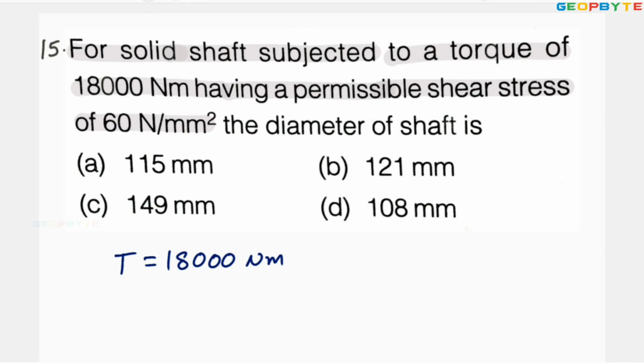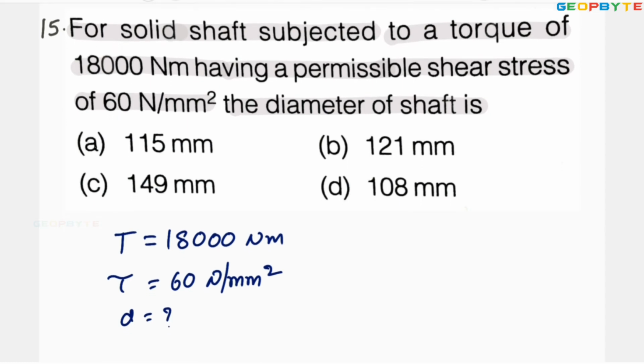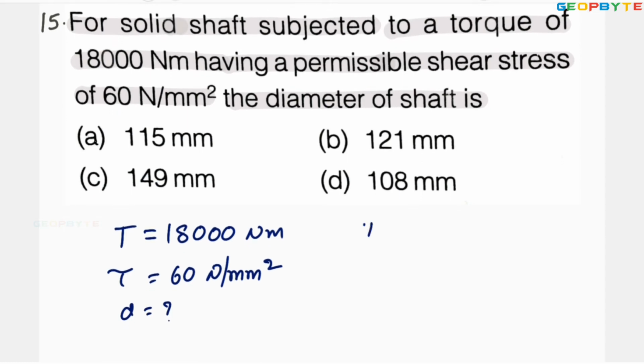The shear stress, generally denoted by tau, equals 60 Newton per mm square. You are asked to find the shaft diameter D. D equals how much? Very easy problem. As we know, torque T equals pi by 16 into tau into d cube.